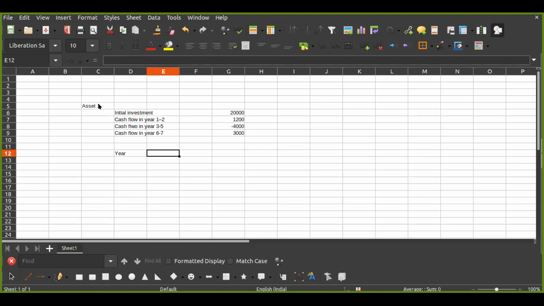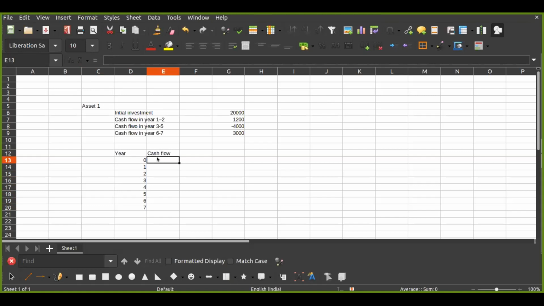Here, the cash flow. So the first year we'll consider as 0, as the initial investment is considered year 0, and then year 1, 2, 3, 4, 5, 6, and 7. So the total number of periods is 8.